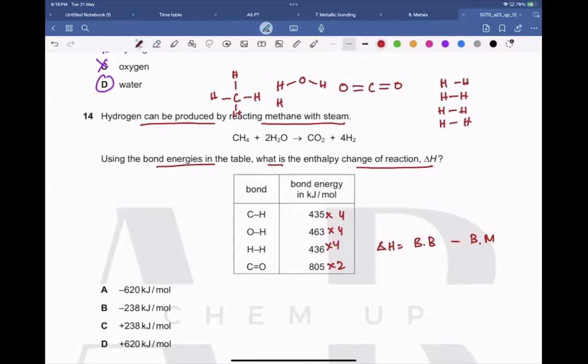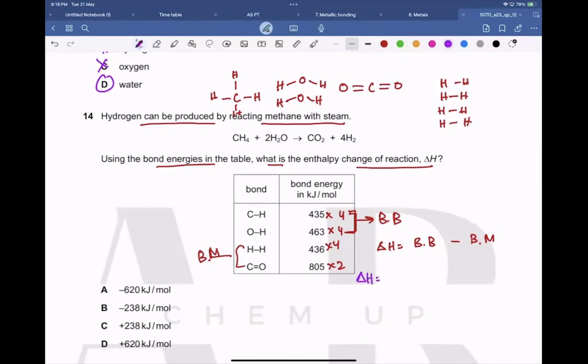If I do it like this, I think it's more understandable. Now you can see there are 4 OH bonds. These two are for bond breaking and these two are the bonds for bond making. Now let's put the values in the expression.